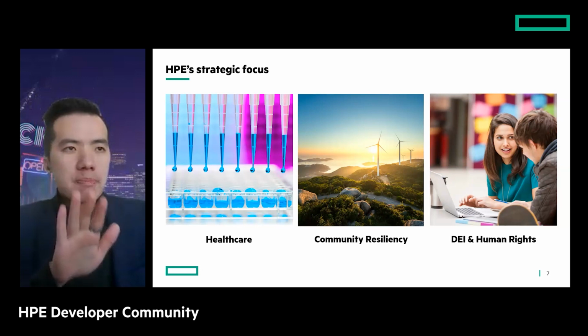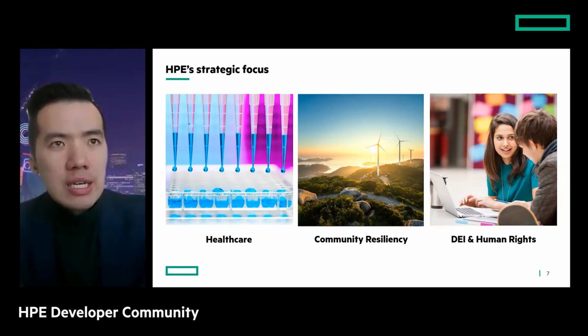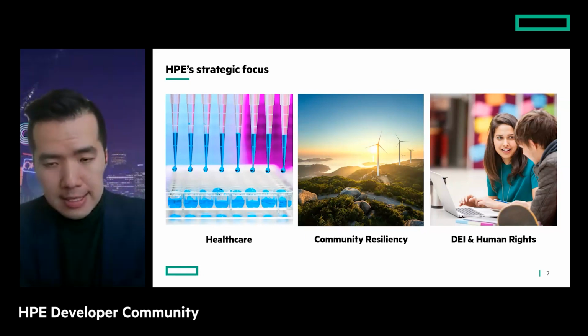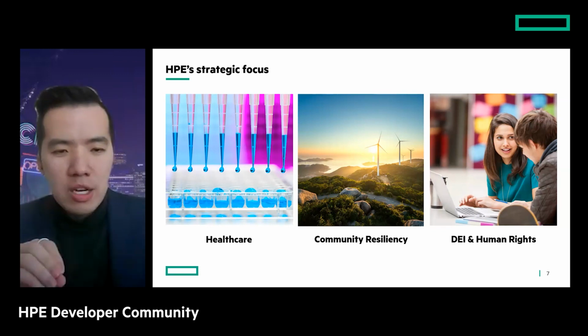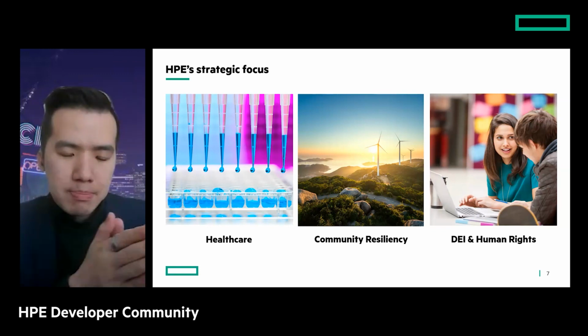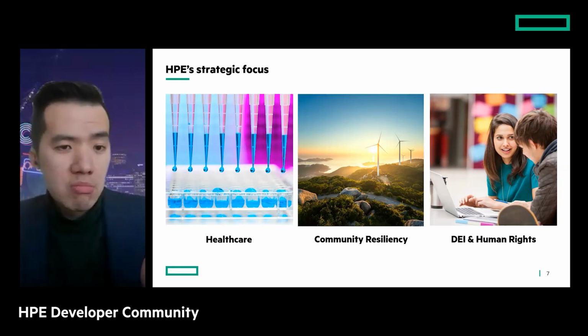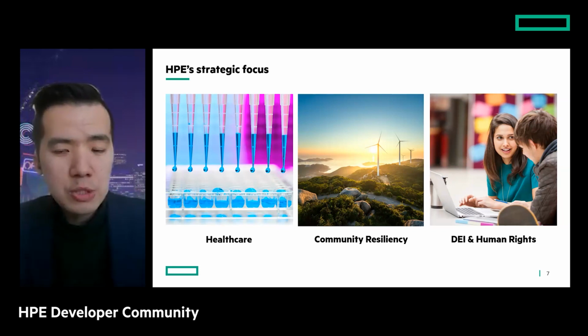But zooming out, right, because we're talking about how do we leverage technology to solve global challenges and health, you might intuitively have thoughts come to your mind about how technology can both be a boon, but perhaps also a bane in each of these core pillars of focus that we have at HPE.